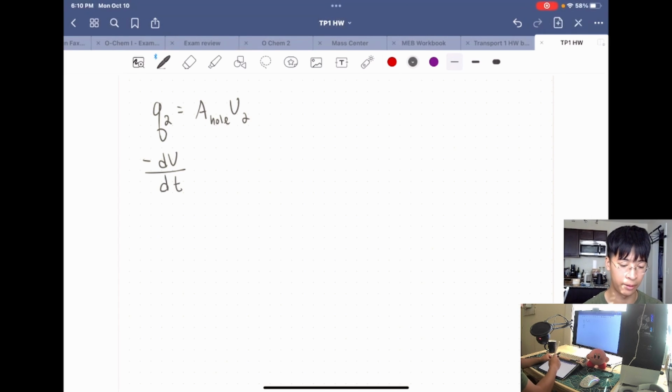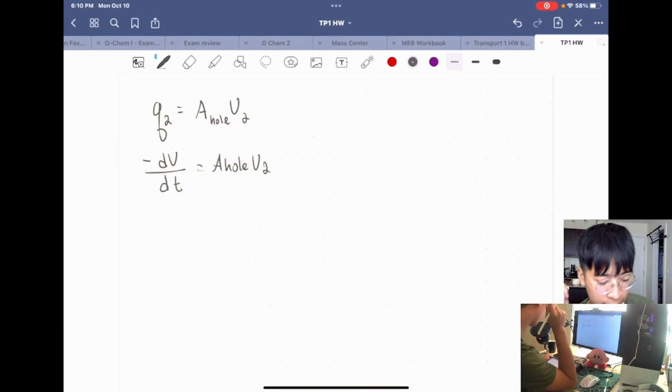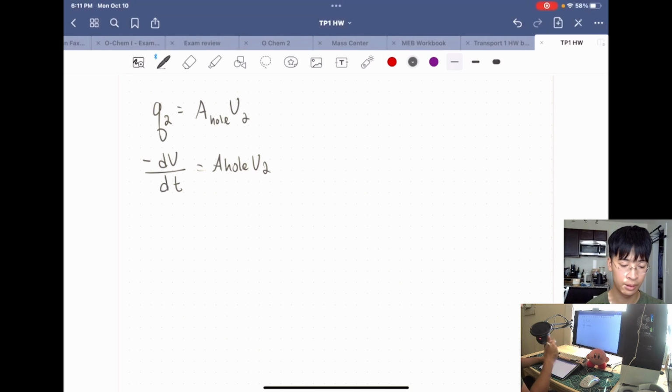This is where our differential equation comes in. But that's not quite good yet, because we have volume. So we can split that volume term as negative cross-sectional area multiplied by dH over dt. Look at that. We now have this expression here: A, the area of the hole, multiplied by the velocity at position 2.